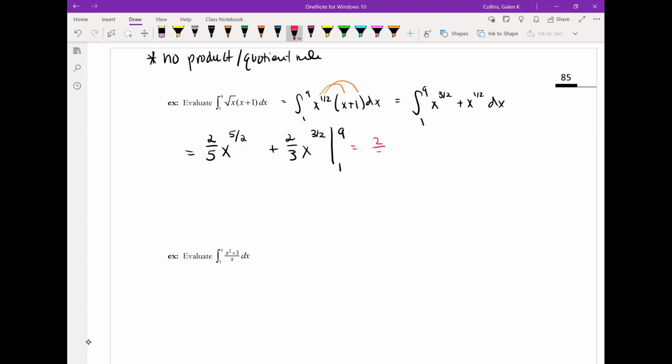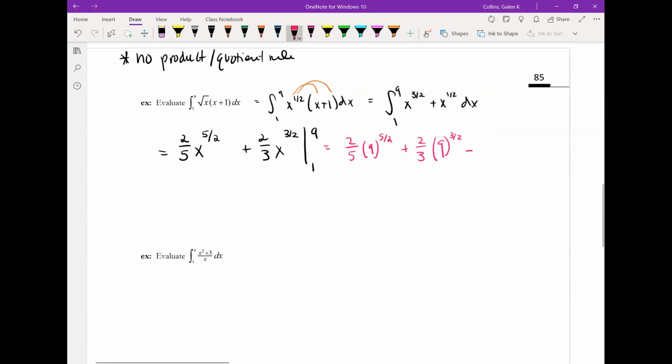So we have 2/5 times 9 to the power of 5/2 plus 2/3 times 9 to the power of 3/2 minus, in parentheses, 2/5 times 1 to the power of 5/2 plus 2/3 times 1 to the power of 3/2.